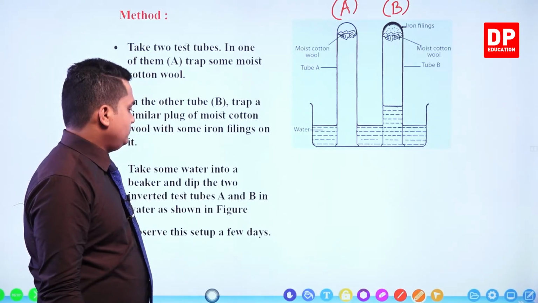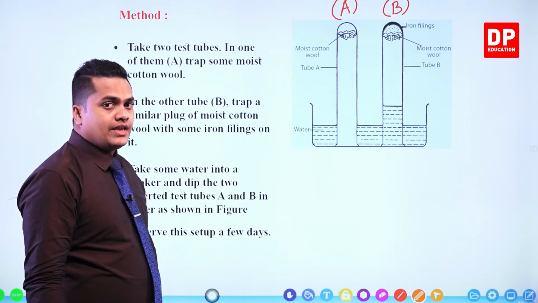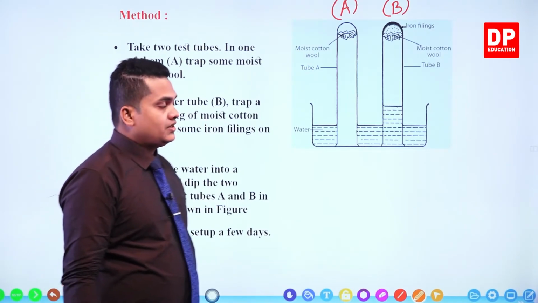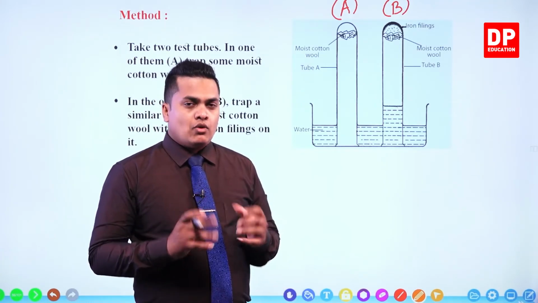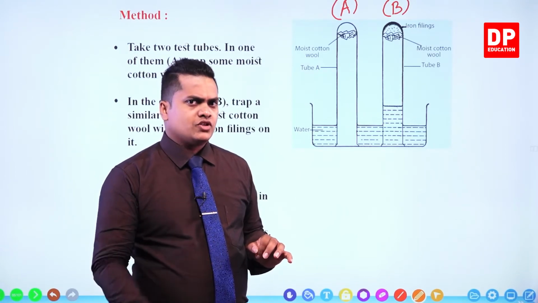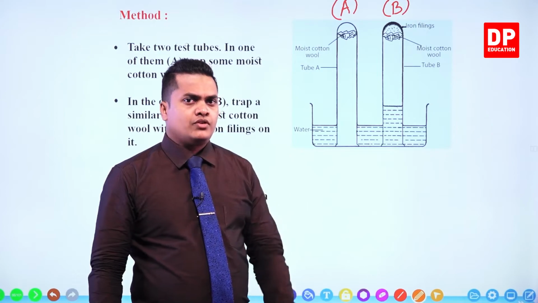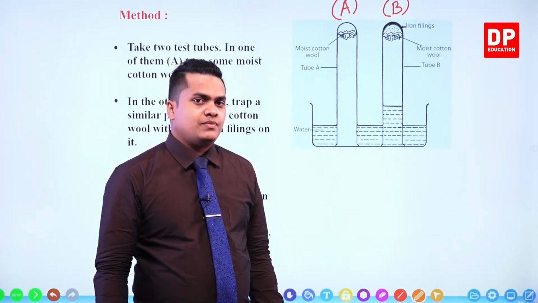Right. So this is the way of conducting the activity, my dear children. Now let's head to the lab and we'll conduct our activity and see what kind of change is going to occur after 2 or 3 days during this experiment.